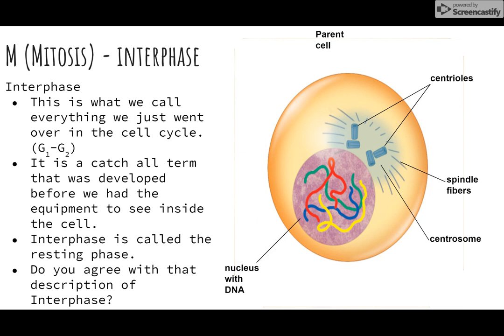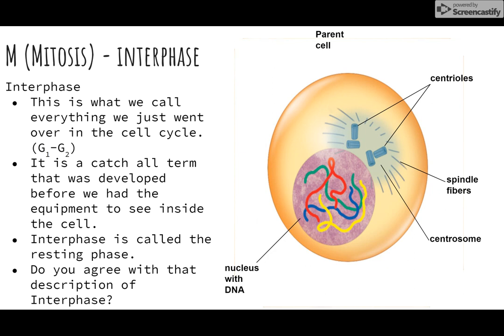Interphase is basically the group term we have for the rest of the cell cycle besides mitosis. So this is G1, S, and G2. It's just kind of our catch-all term for those things. And it was developed before we knew what was going on in interphase.